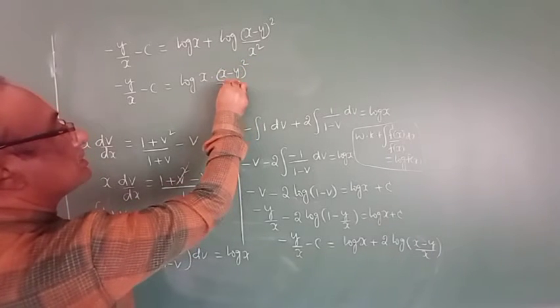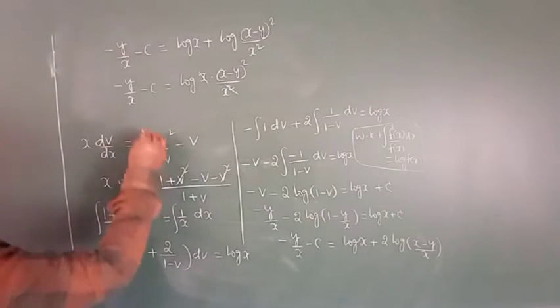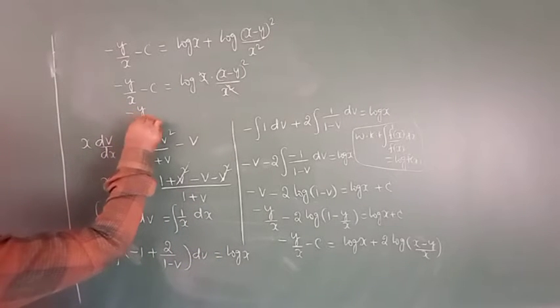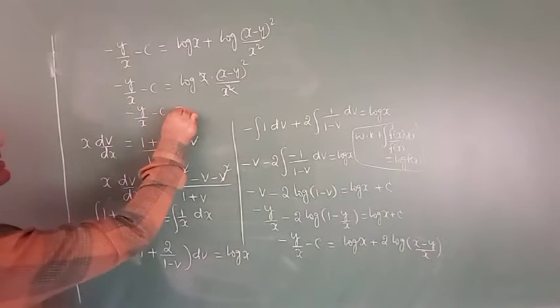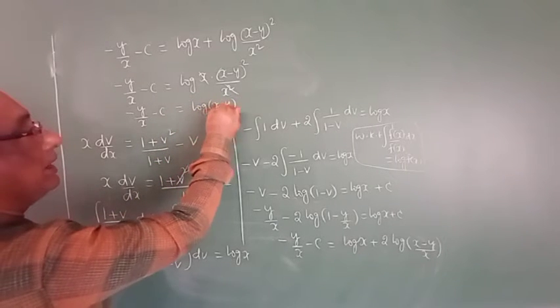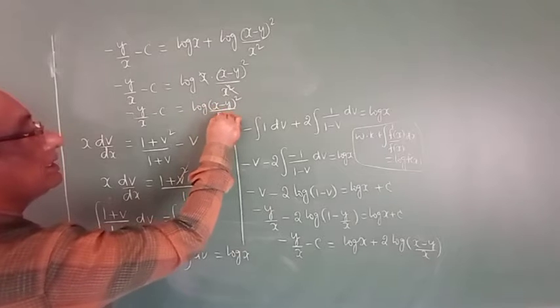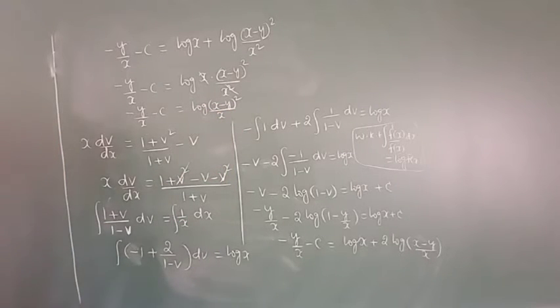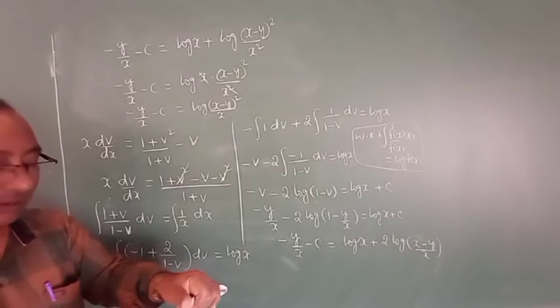One extra x term should be cancelled. Minus y by x minus c is equal to log of x minus y whole square by x. That is the required answer.